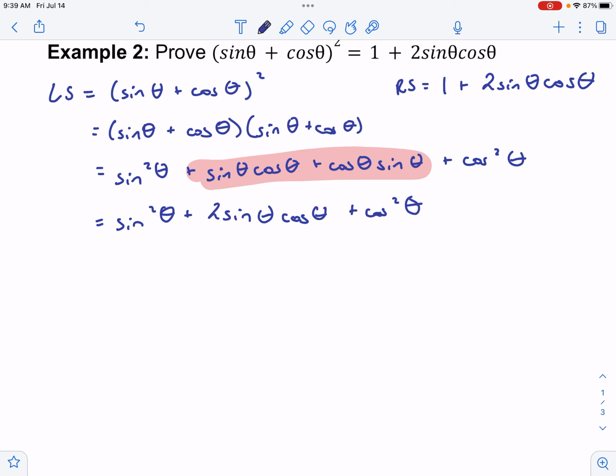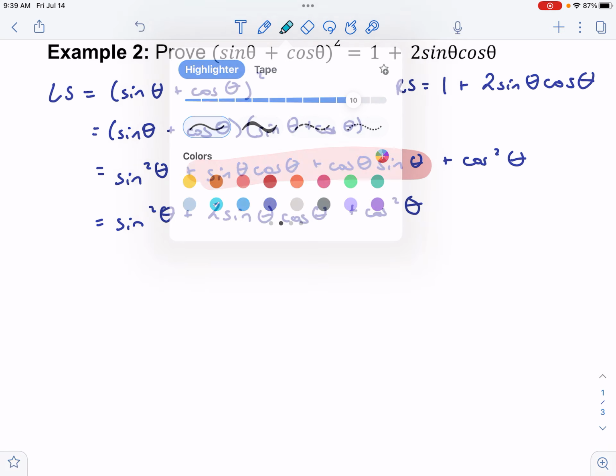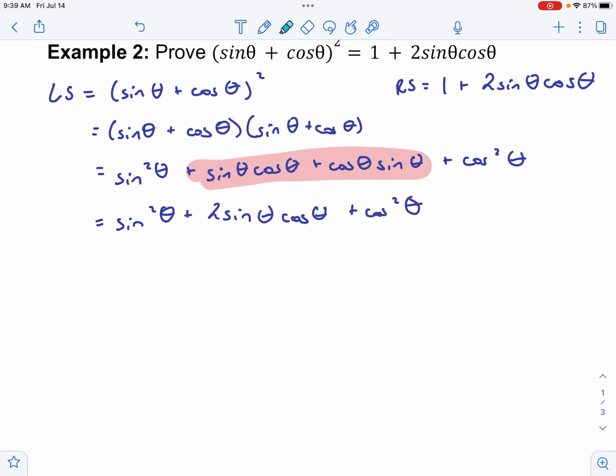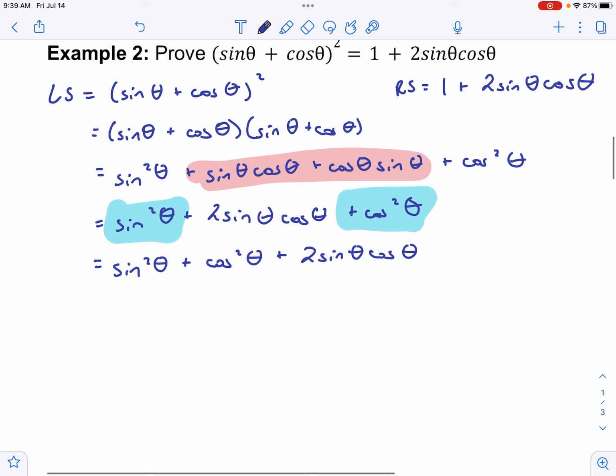And then the other thing I can notice is I can probably use my Pythagorean identity because I have a sine squared plus a cosine squared. I'm just going to rearrange that so they're right beside each other. And our Pythagorean identity says that sine squared plus cosine squared of theta is equal to 1.